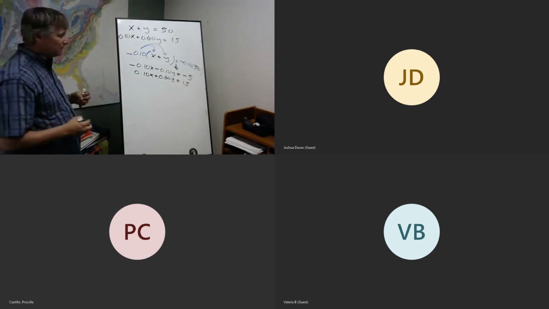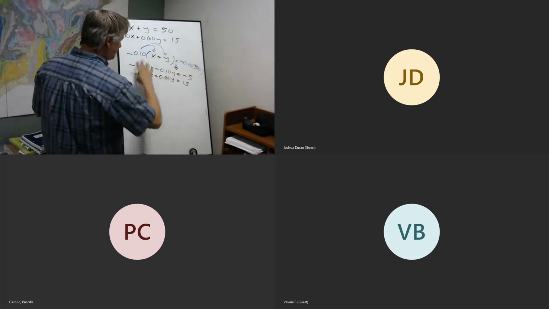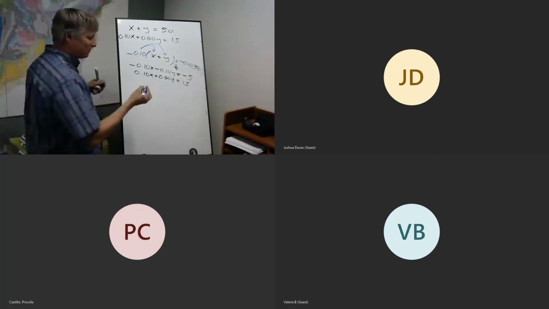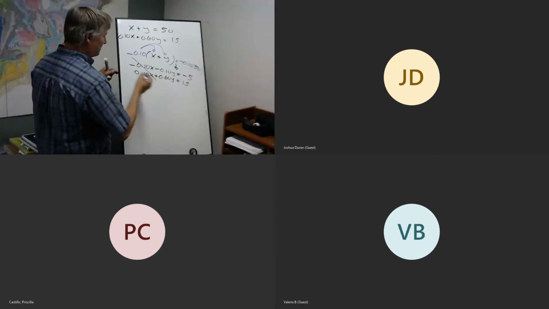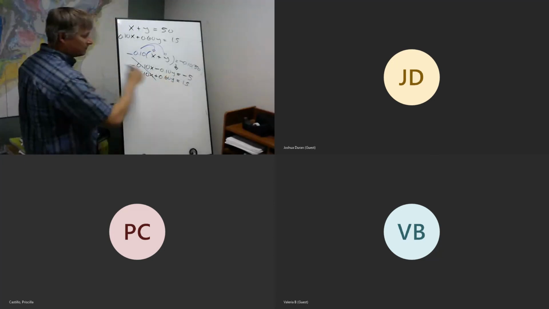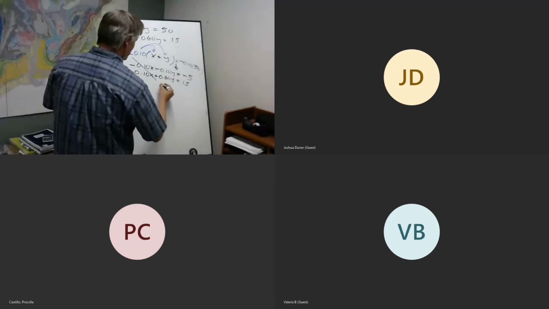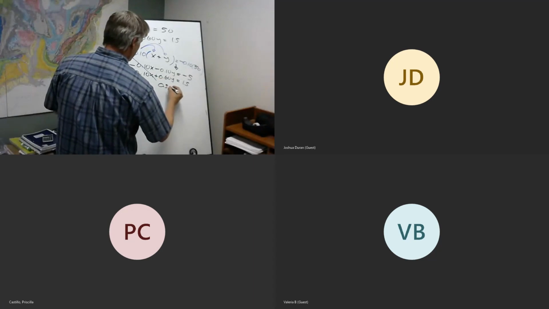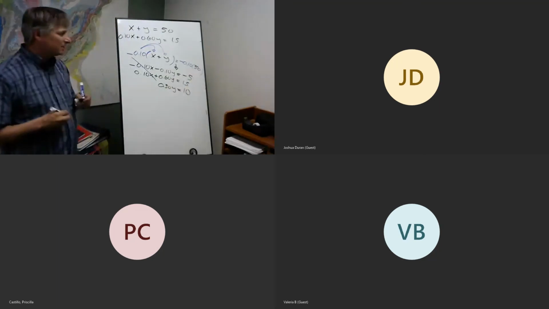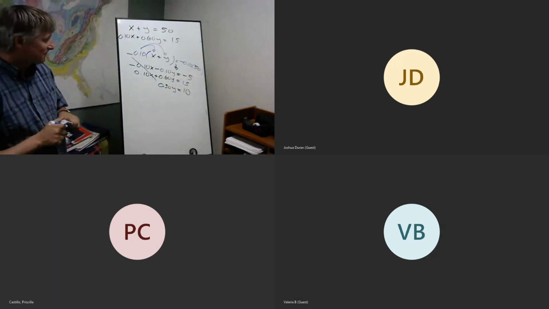If I add these two sides, this is sort of a shortcut way of expressing it. Those will cancel. Negative 0.10, 0.6. We'll get negative 5 plus 15 is 10.